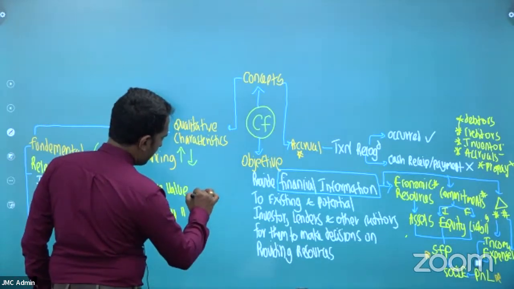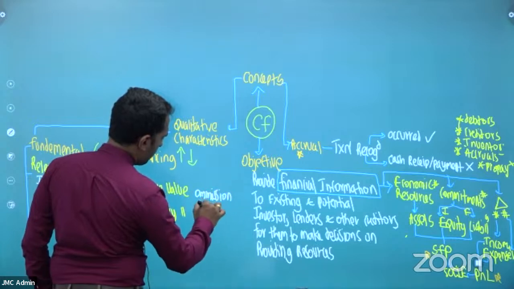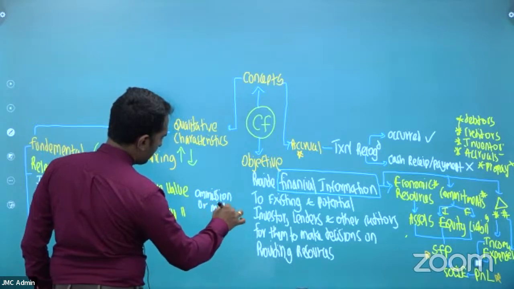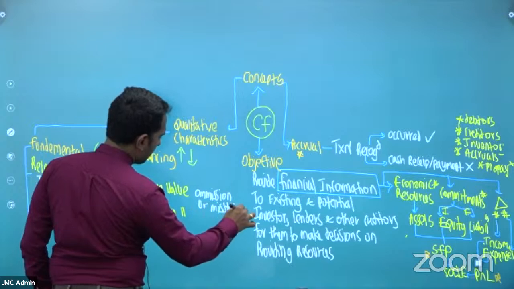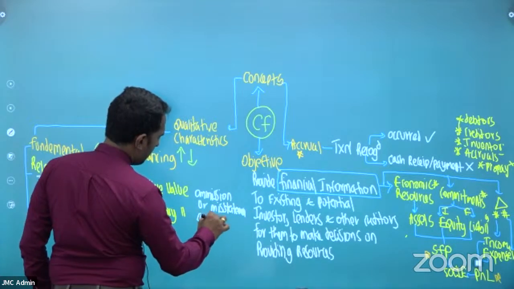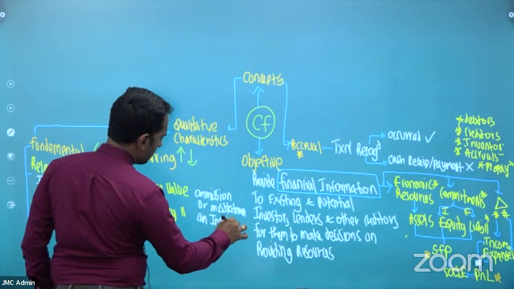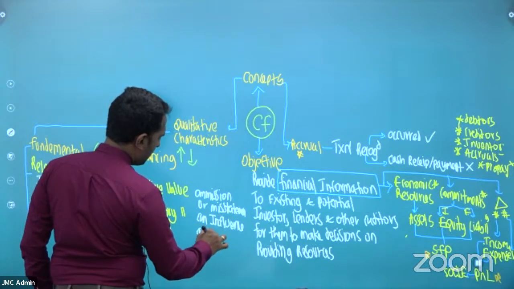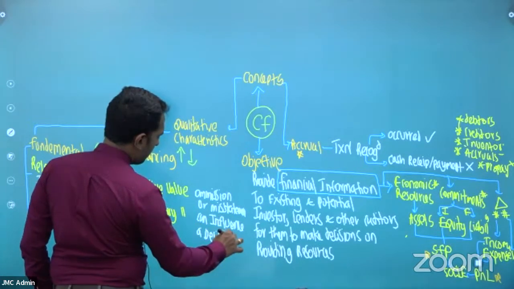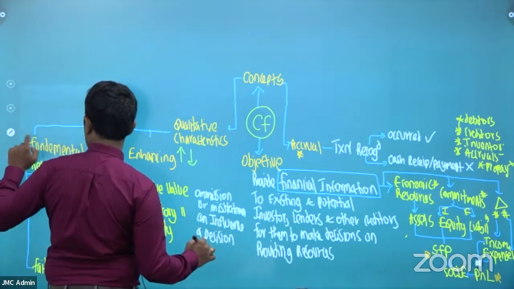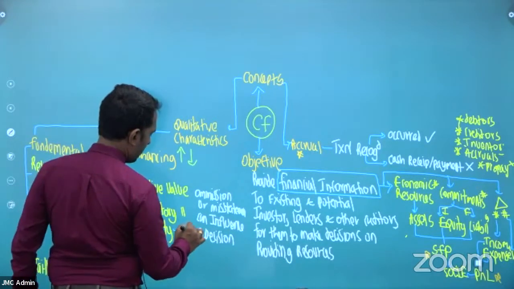Materiality is where an omission or misstatement can influence a decision. We say it's material.